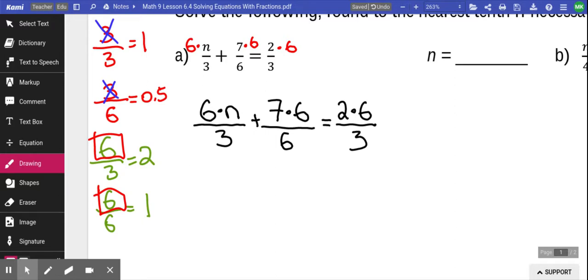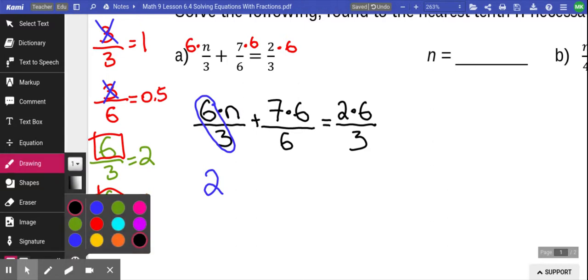Now, if we look at each fraction, we can look at the numbers and figure out what happens with those coefficients. So for instance, 6 divided by 3 equals 2. And the n is still there. Plus, if I look at the second fraction, I notice these 6's actually cancel out, leaving me with just plus 7.